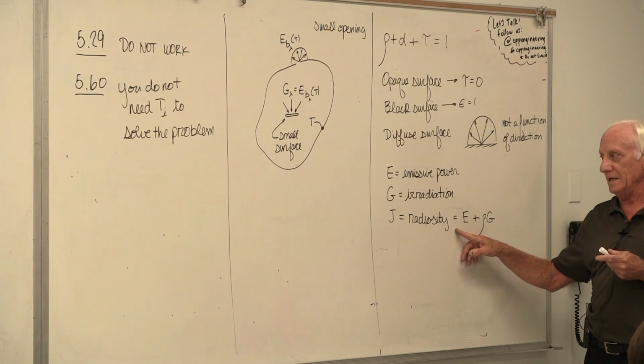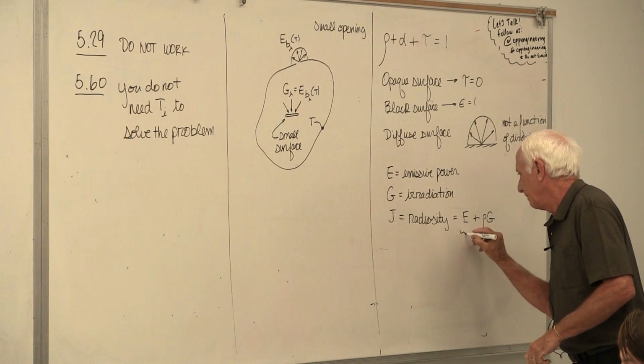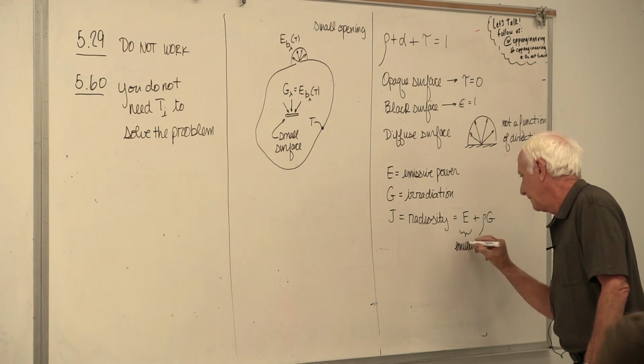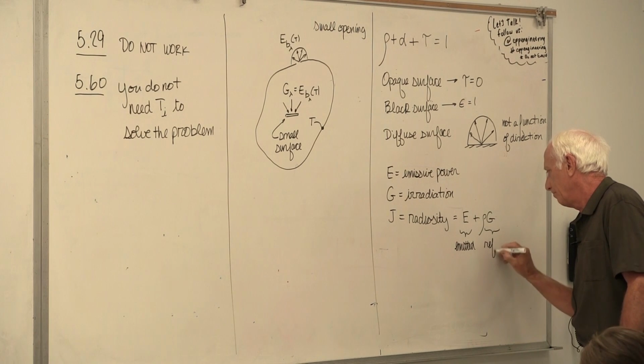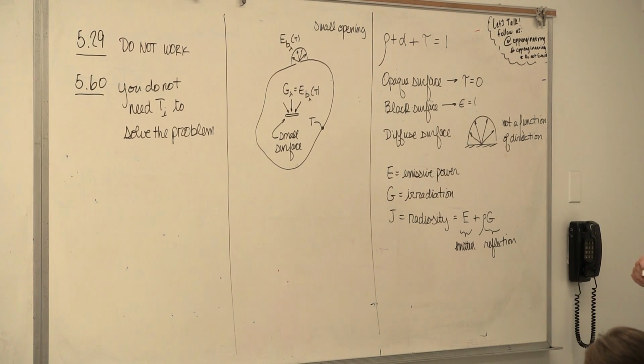Radiosity, capital J, is how much energy is leaving the surface. E is the emitted. Plus, there'll be some reflection from the incoming irradiation. So what leaves the surface? Emitted plus reflected.